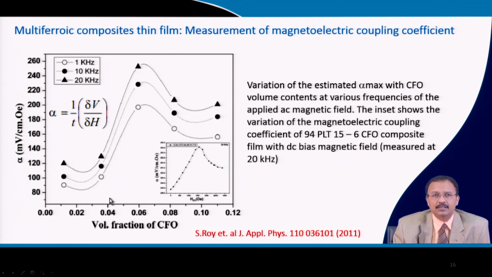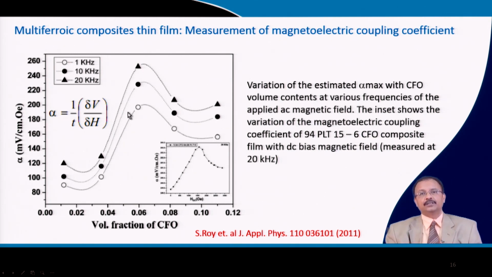So, for different CFO content, you can see that at one particular content you have the highest value of alpha. This is the optimized composition for your composite film, where the magnetoelectric coupling is maximum, and roughly about 6 volume% of the ferrimagnetic phase is sufficient for PLT, lead lanthanum titanate type of ferroelectric, to give you the maximum coupling coefficient. So, that is one example.